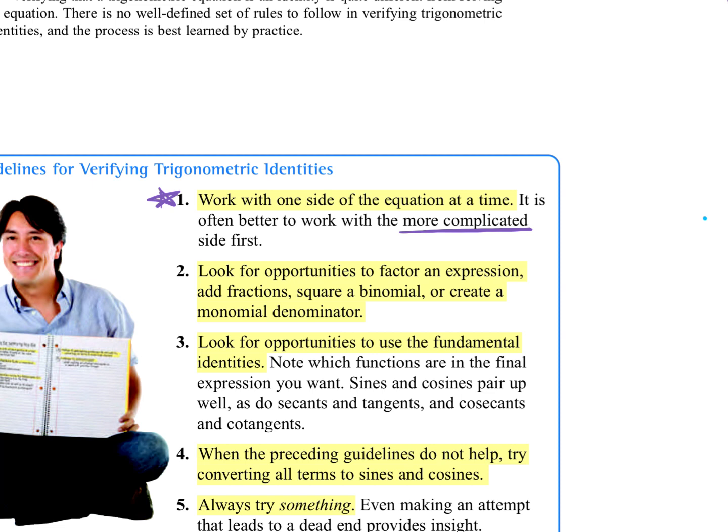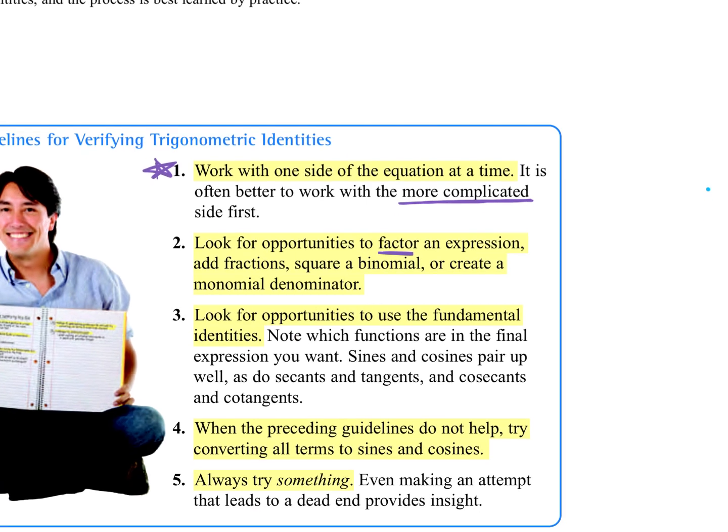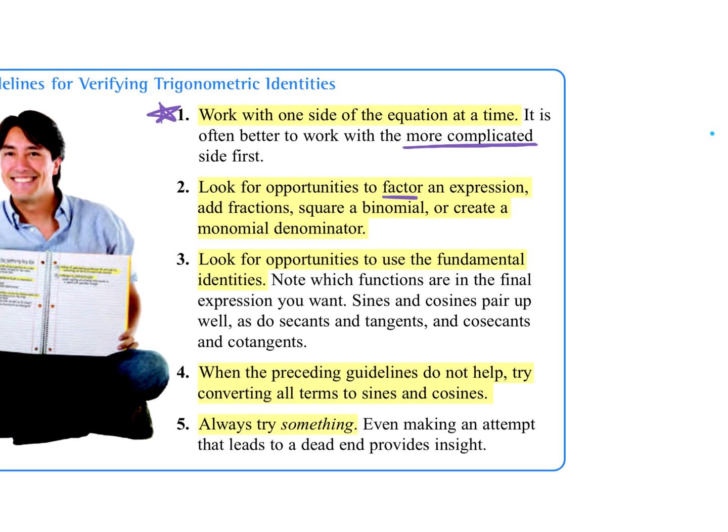So we want to look for opportunities to factor an expression, add fractions, square a binomial, or create a monomial denominator. Look for opportunities to use the fundamental identities, so that's like our sine, cosine, the reciprocal ones.